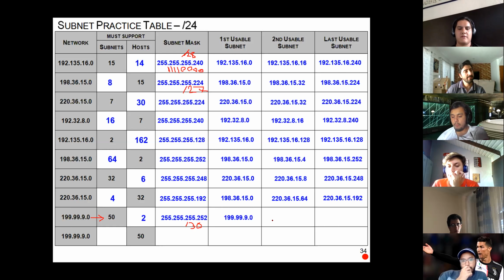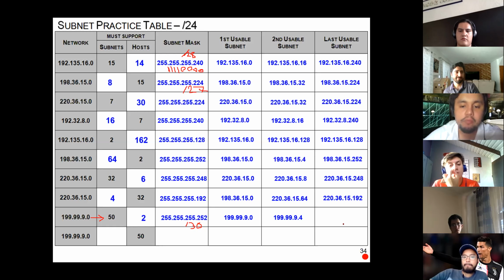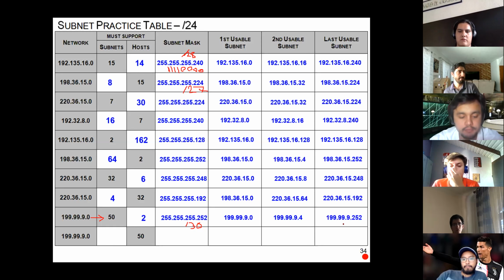The second one would be 4. Exactly. Now the jumps are 4, right? The spaces are 4. And the last one would be 252. 252, right?